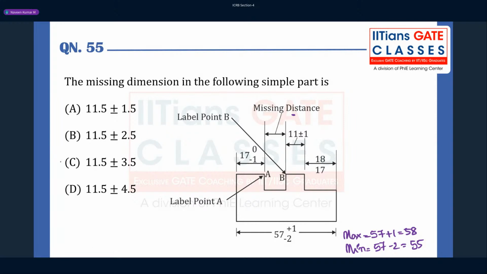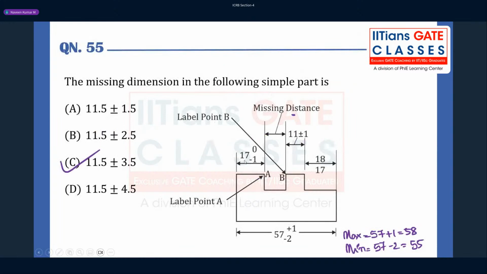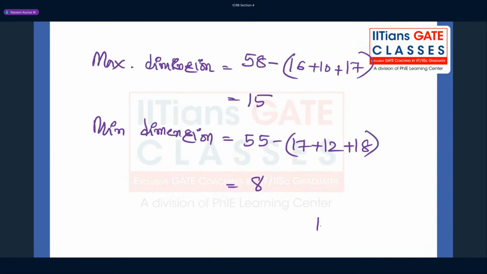Let's subtract it. 11 minus 3 is 8. Good. That is the answer. Simple. So 11 plus or minus 3.5 is the answer. From options, we can directly go ahead. Next.